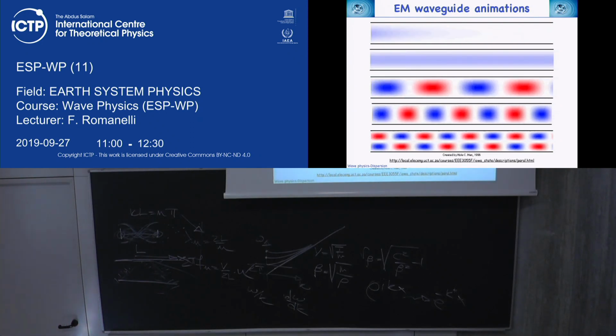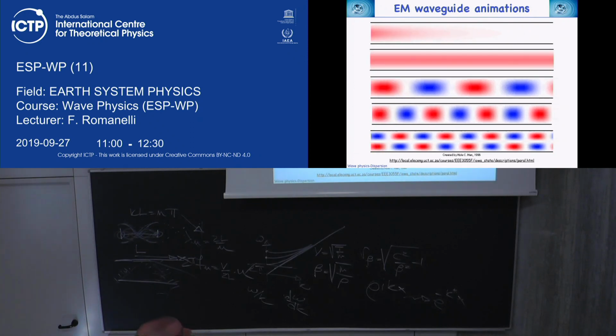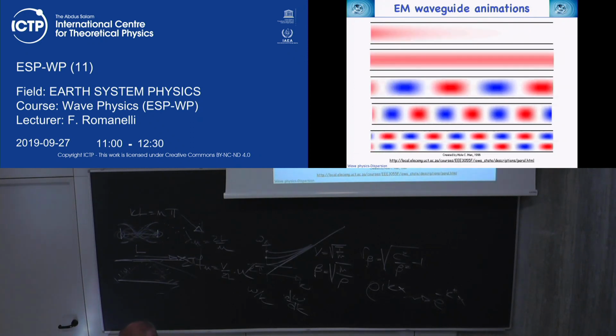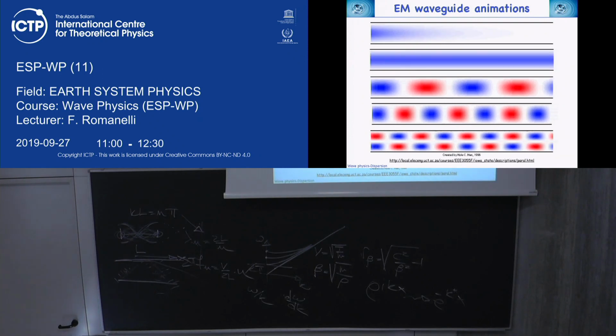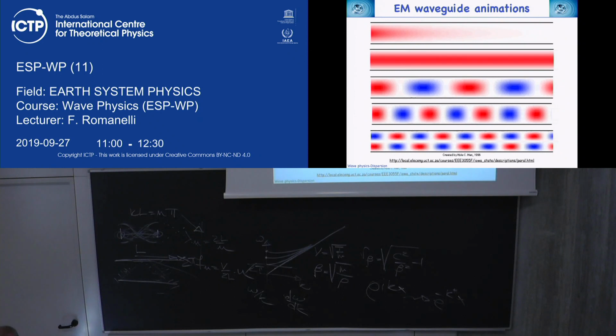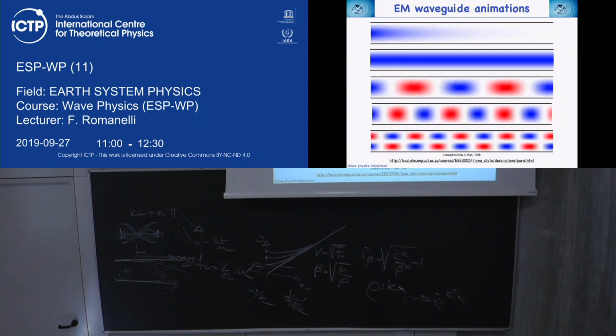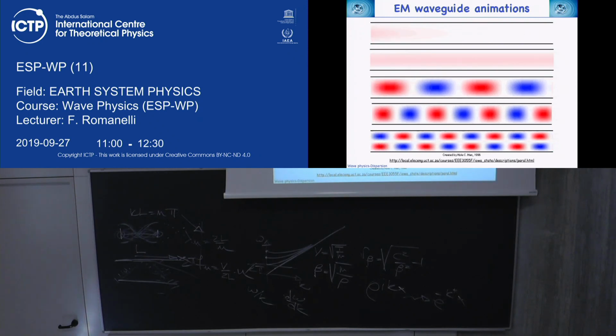Then it starts, and you see the second animation. Now everything is coming blue and red, and if you sit on the top of the optical fiber, we will move together. It's an optical fiber, but let's imagine a mechanical analog. On the top, we're going to move together. It's infinite.